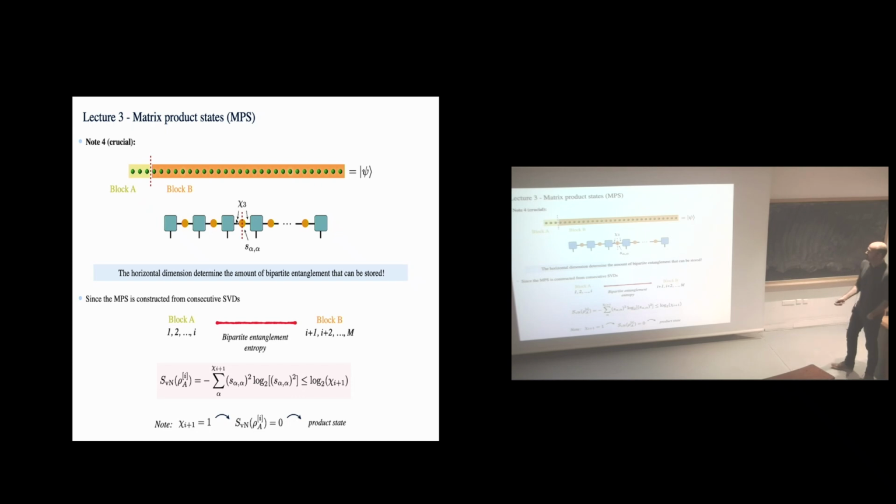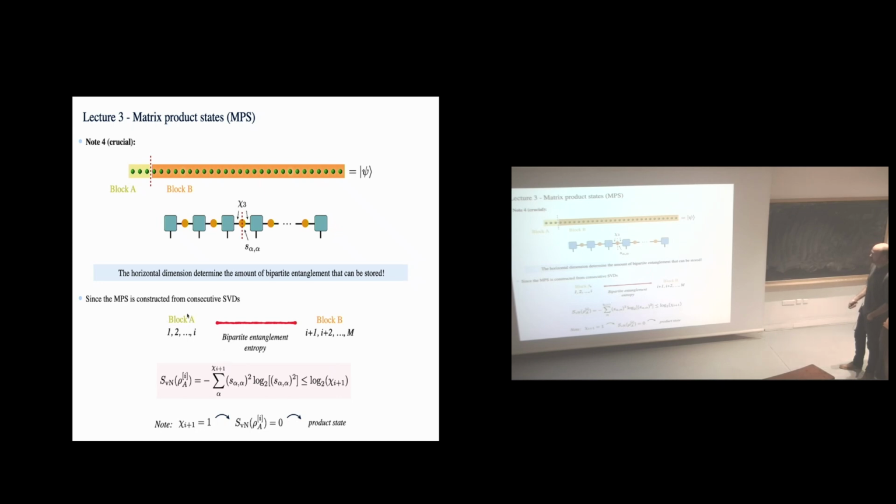So for that, I write it again in this form. This is a simple example. Let's label these dimensions. Of these three-dimensional tensors, the right dimension of this one and the left of this one is limited by a number that I call chi 3, or in general, chi i plus 1.